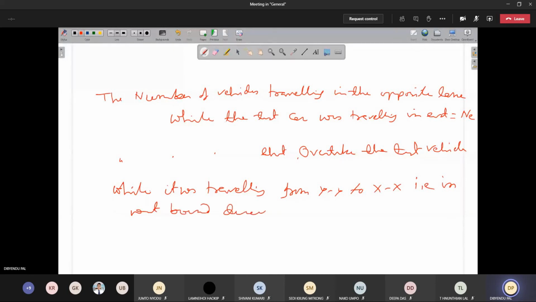Let's say this value is, as per this it is OW. Write down this as OW.